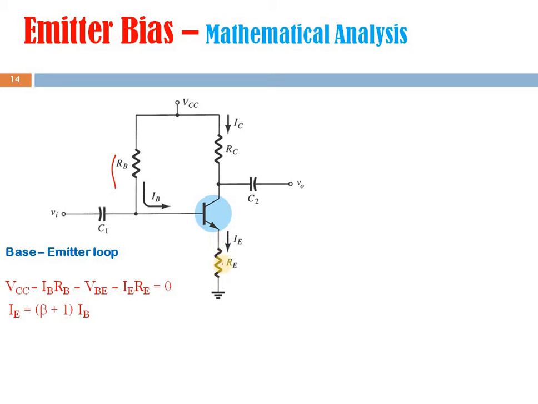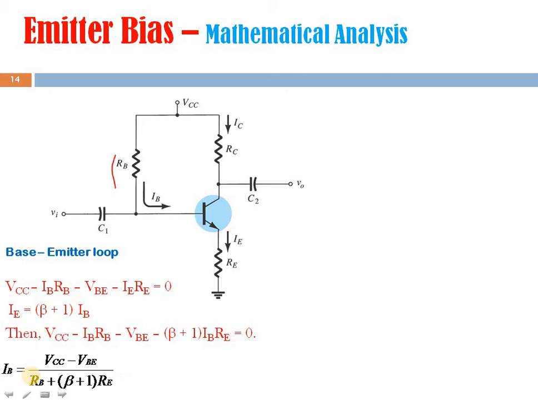Because this IE is IC plus IB, right? And IC is beta into IB. So it is beta IB plus IB. So the IE is given by this. So if you put the value of IE here, then we get this equation, and from here we can find out IB, the base current, and the base current is given by this equation.